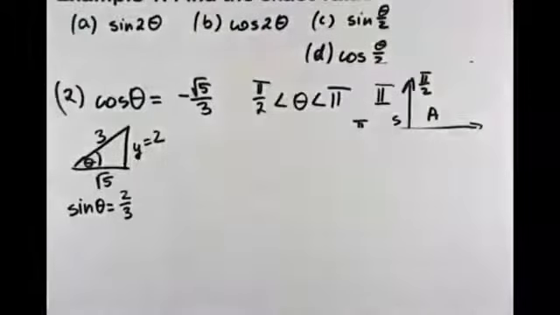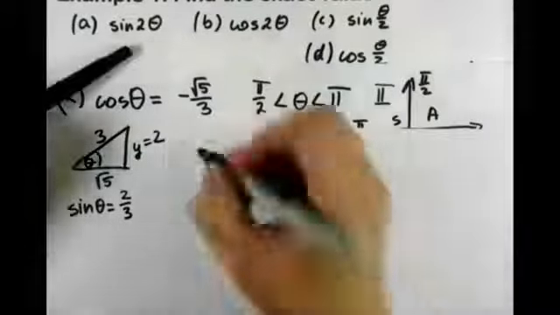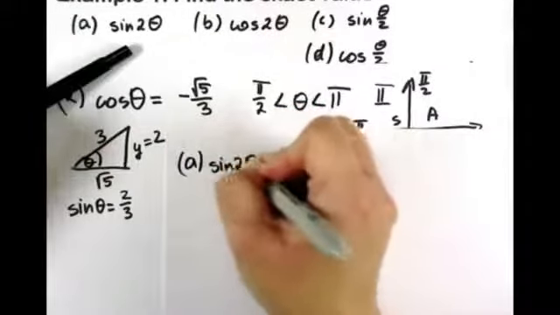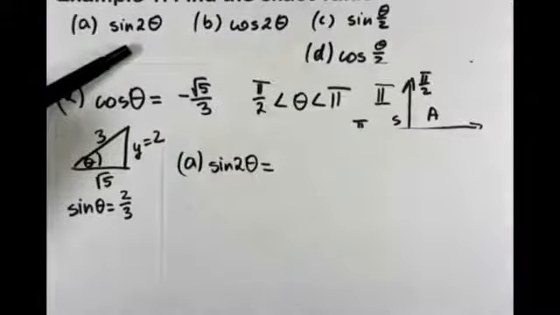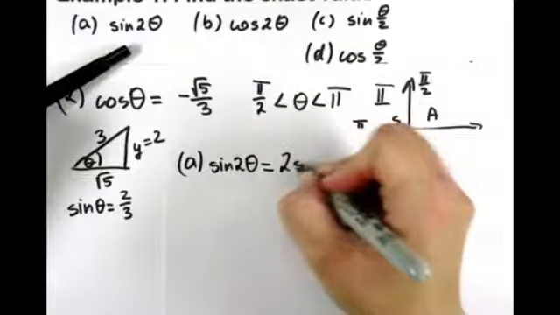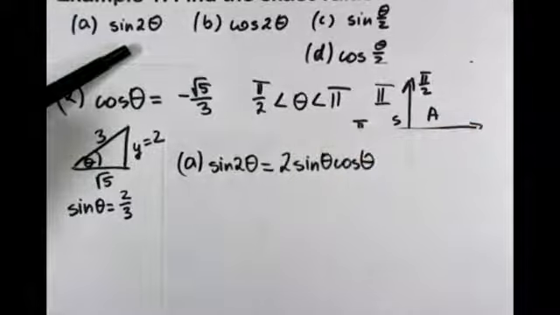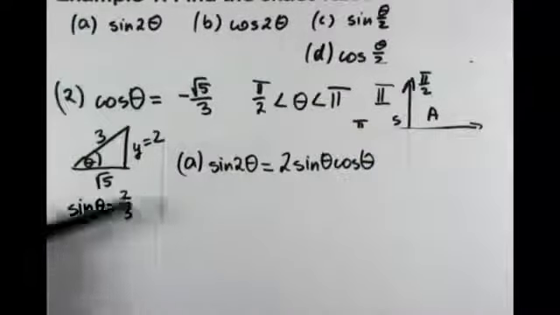Sine 2 theta, we are using the double angle formula, is 2 sine theta cos theta. And now we can substitute the values.